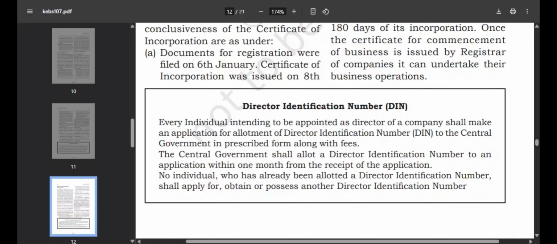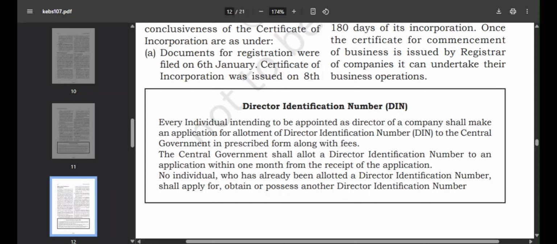The central government shall allot a DIN to the applicant within 1 month from the receipt of the application. No individual who has already been allotted a DIN shall apply for, obtain, or possess another DIN. So, if you have already been given a DIN, you cannot apply again for the same thing.